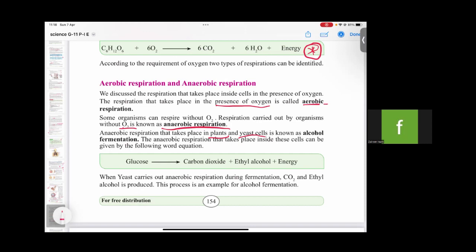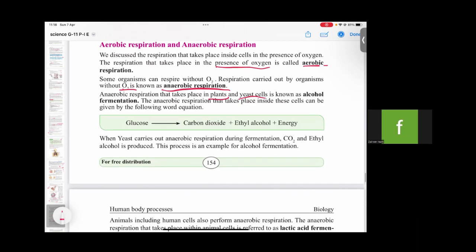Okay, that is yeast. I guess you all know it's a type of fungi. So anaerobic respiration that takes place there is alcohol fermentation. It's alcohol fermentation. Then we should know the equation for alcohol fermentation. So you can see glucose will be converted to carbon dioxide, ethyl alcohol, and energy.